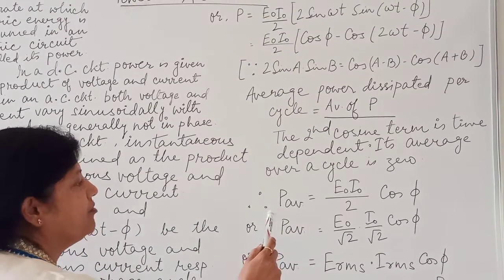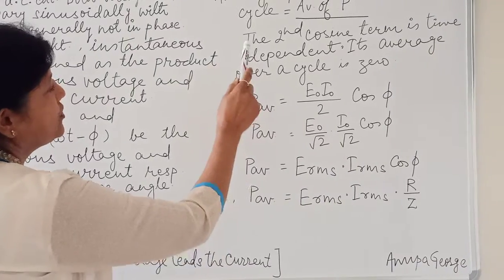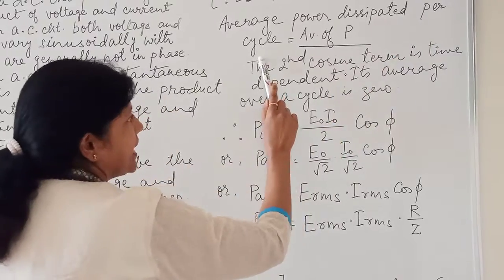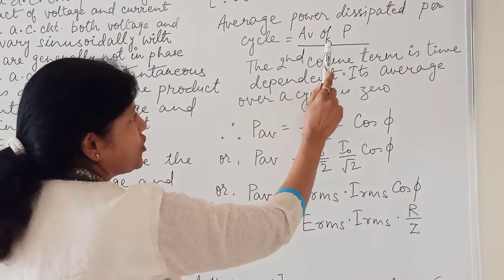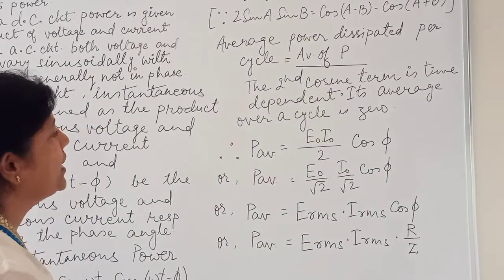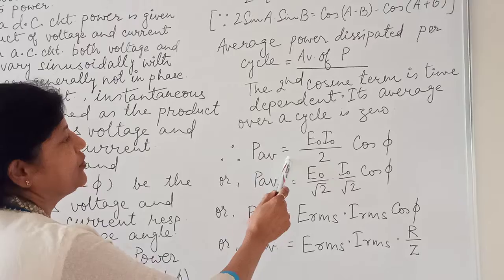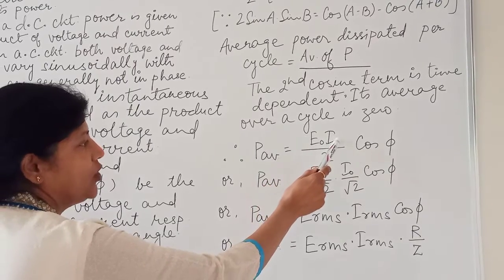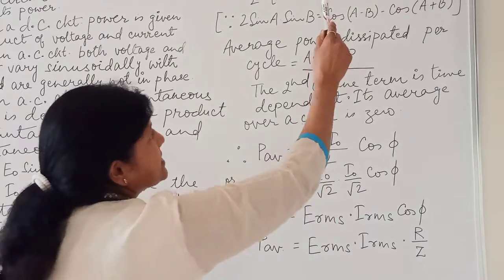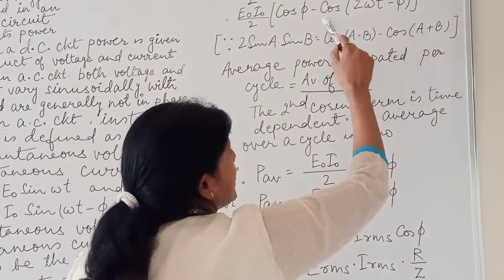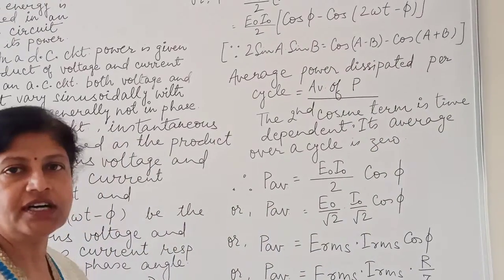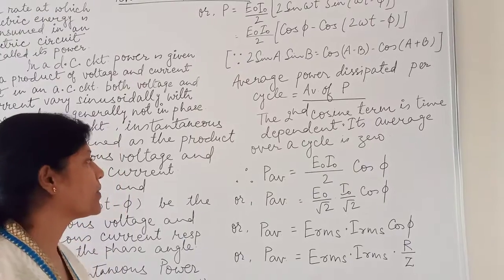So, P average is equal to E naught I naught upon 2 cos phi, because the second cosine term is time dependent, so its average over a cycle is 0.